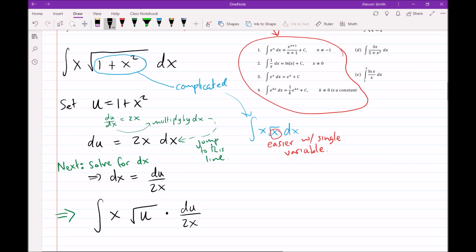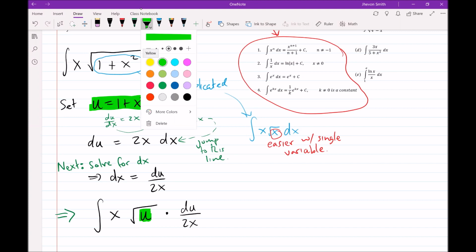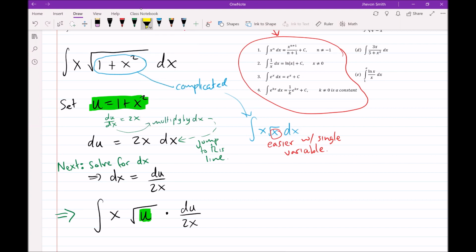So the u is this part here, that gets replaced with this part. And then my dx is this part here, that gets replaced with this part. I didn't do anything with the x, so that's just going to stay as an x.